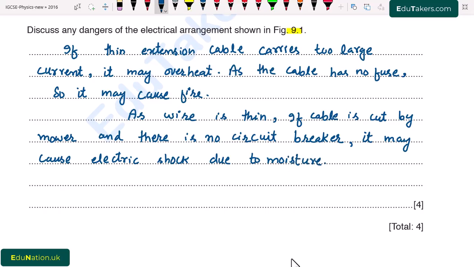So these are the dangers of the electrical arrangement that is shown in figure 9.1.